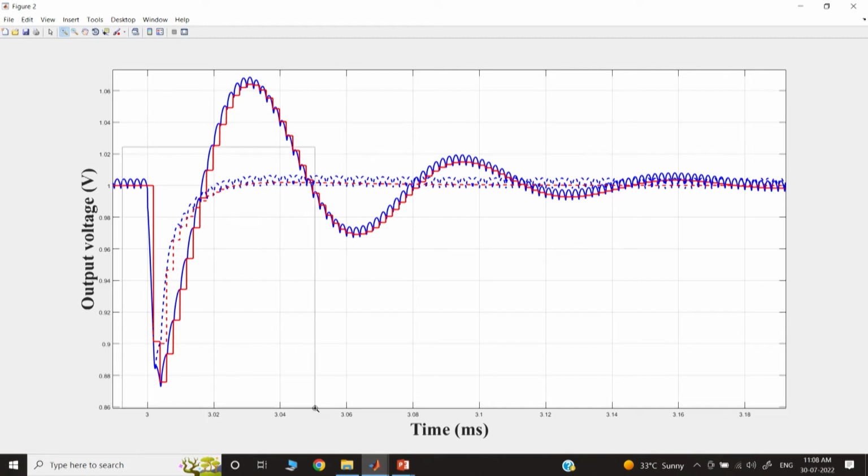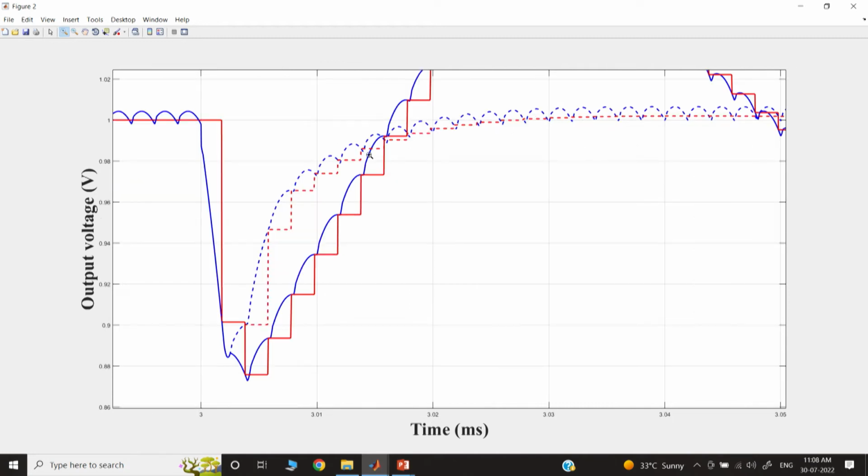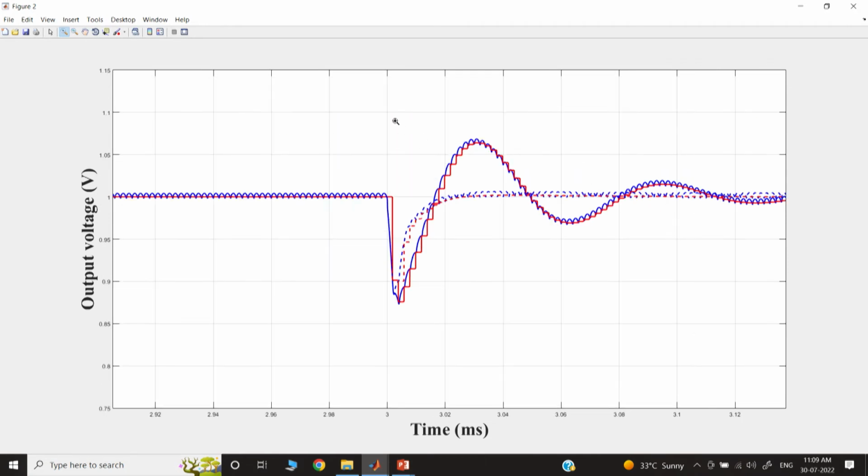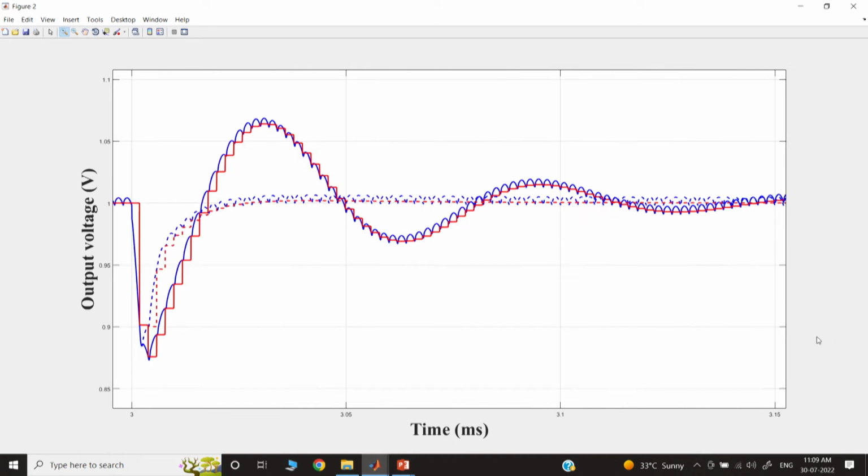That means, looking at this particular response, there is no overshoot. So, we can get a better design by considering the derivative action, as it is carrying some load current information, inductor current plus load feed forward. So, viewing from that angle we can design better. So, what is the problem in the output impedance?